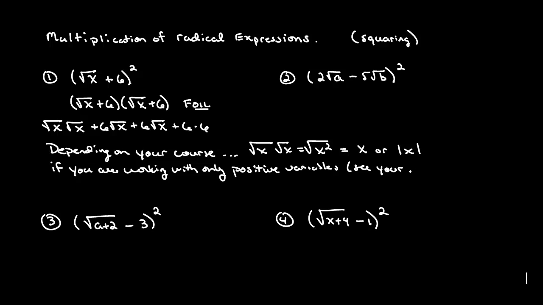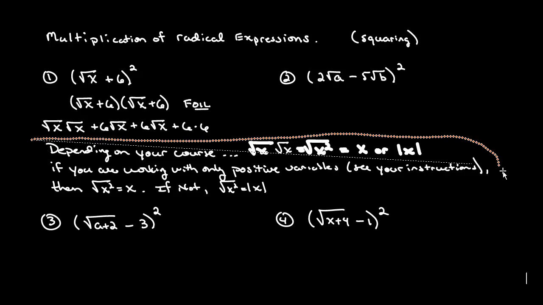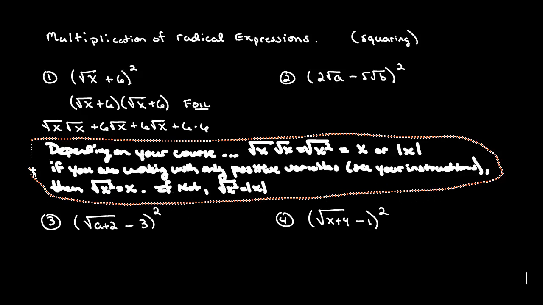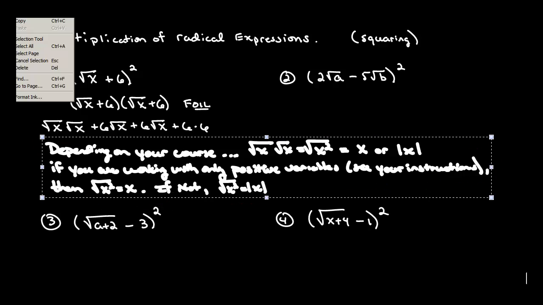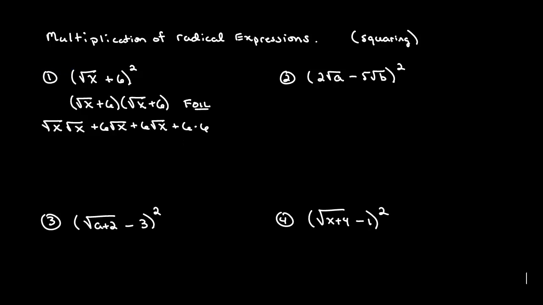So you either have to assume that we're using non-negative values for our variable, or see the instructions because they might say that, or it may be given to you in the problem, whereas we initially started out with the square root of x, and so then it's just equal to x, versus if we had the square root of x squared, we weren't told anything about the x value.